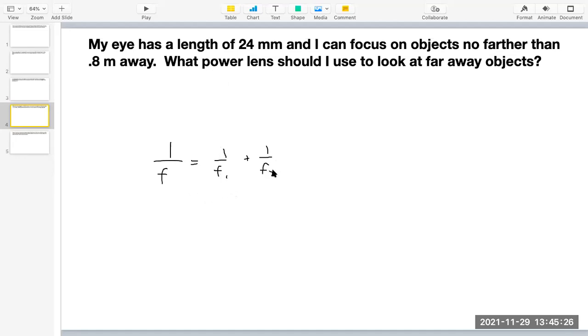So to solve for F2, the focal length of the eyeglass... that's how it finished to get to the answer.